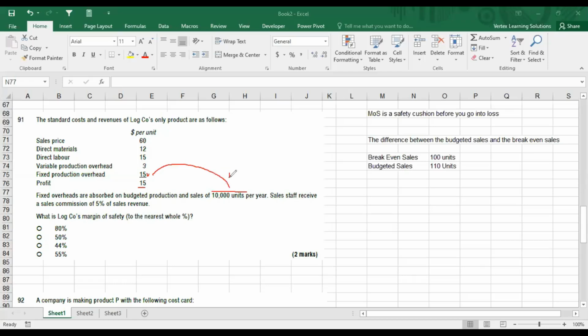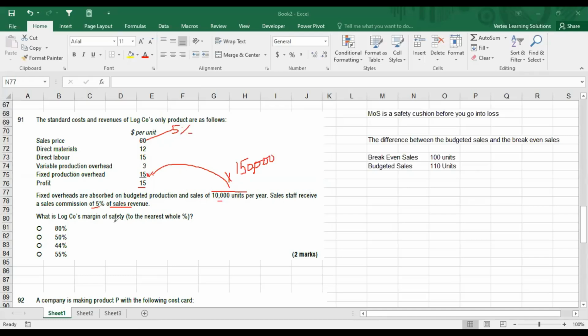When you multiply, your fixed overheads per year are actually 150,000. Based on 10,000 units output, they put 15 per unit. If this output changes, this number will also change. Sales staff receive a sales commission of 5% of sales volume. They take 5% from here straight. Okay, that's a very huge thing.